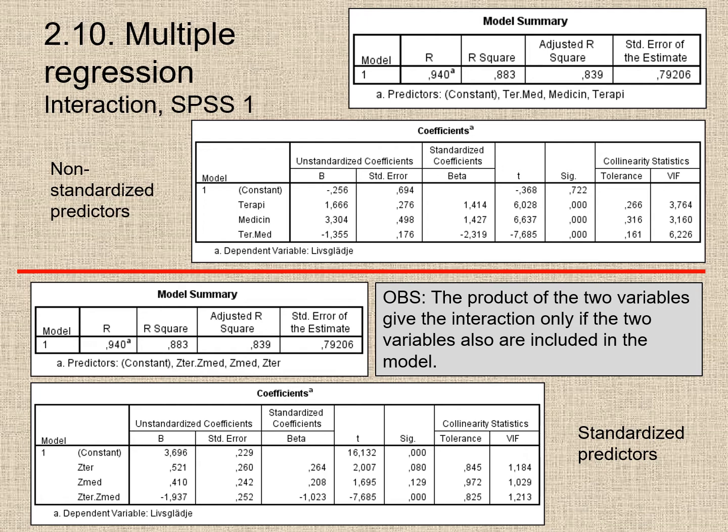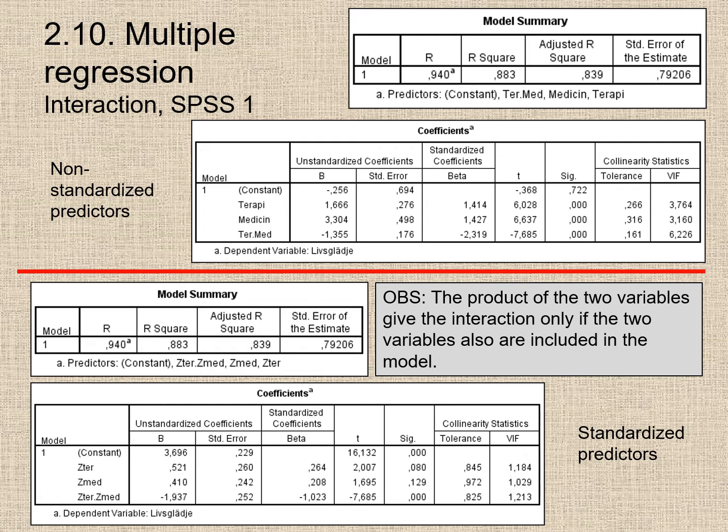And here, if you receive average level of medication, average level of medicine, your life satisfaction is predicted to be 3.7. It's because the value 0 means different things in the two models. Here we see why we get problems with collinearity in the first model, but not in the second one.